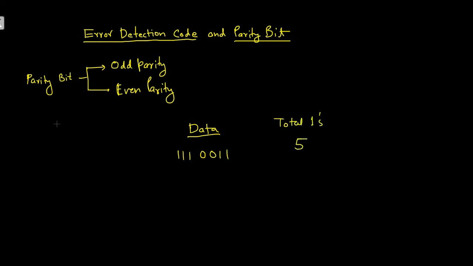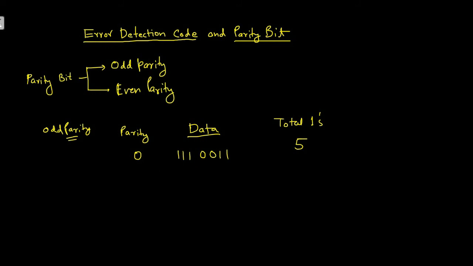And here we talk about odd parity. In odd parity we can add one extra bit. Since there are 5 ones, it is already odd, so we add the extra bit as 0. So the total ones are 5.